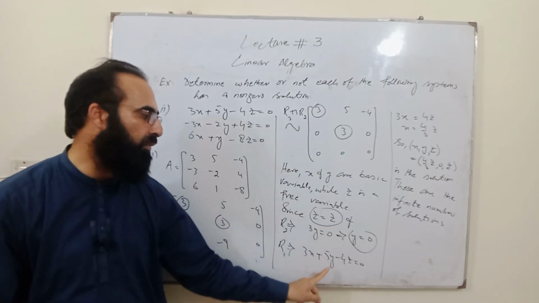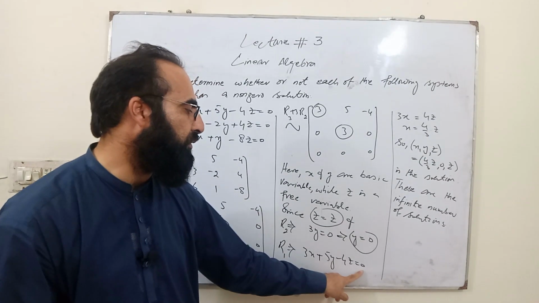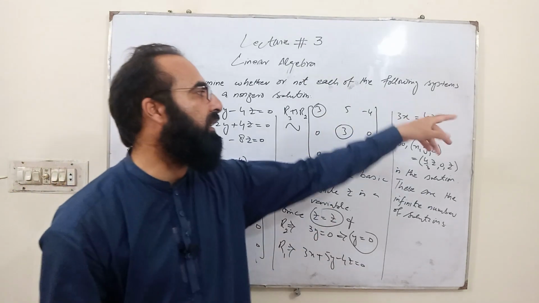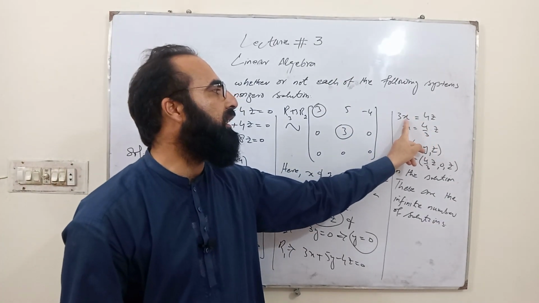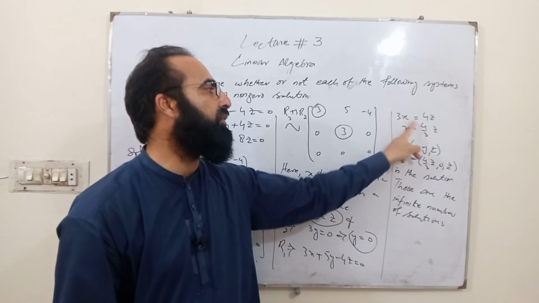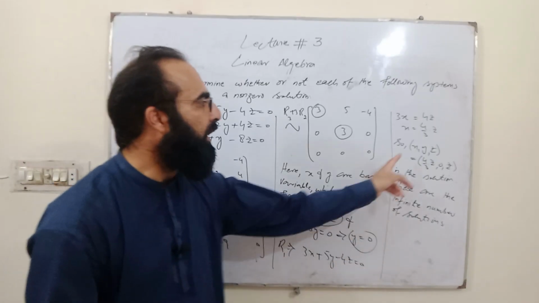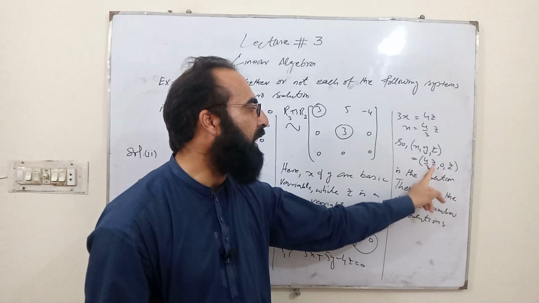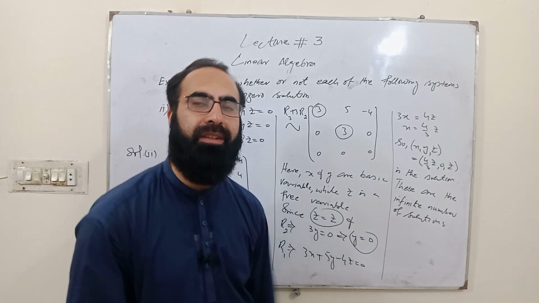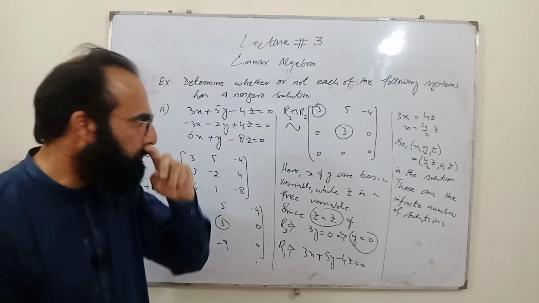Put this value of y, we will get 3x minus 4z is equal to 0, and shifting minus 4z to the right side, you will get 3x is equal to 4z. We have to calculate x, so divide both sides by 3, you will get x is equal to 4 by 3 into z. So x, y, z is equal to 4 by 3 into z, comma 0, comma z is the solution of this homogeneous system.